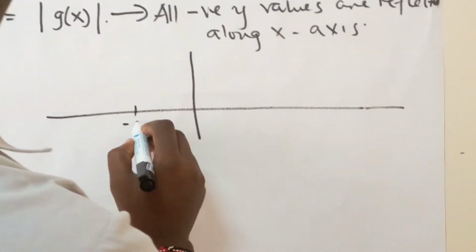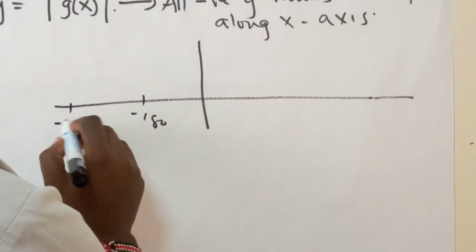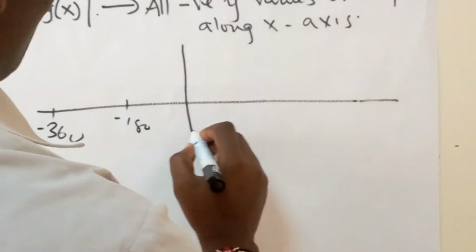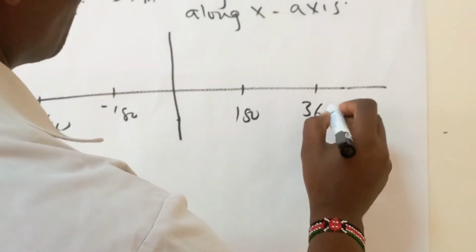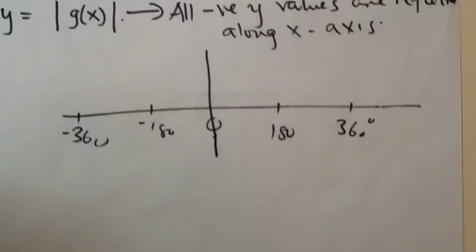The same thing, minus 180, minus 360, 180 degrees, 360 degrees, and this is the value of x.